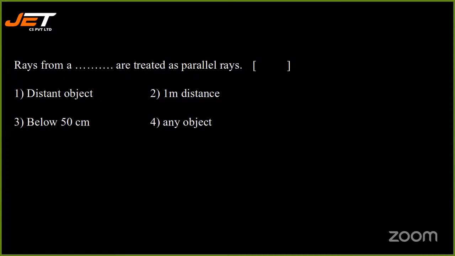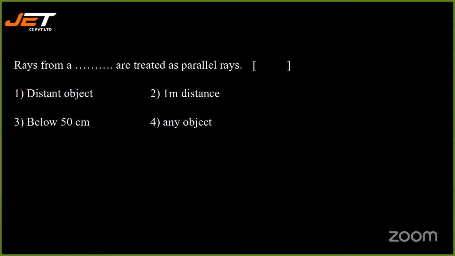Next question. Rays from a dash are treated as parallel rays. Rays from a distant object, or a 1 meter distance object, or below 50 centimeter, or any object. So rays from any object are treated as parallel rays. So what is the answer? It is not one, Kavita. It should pass through the focus, only then will the rays be parallel to the principal axis.